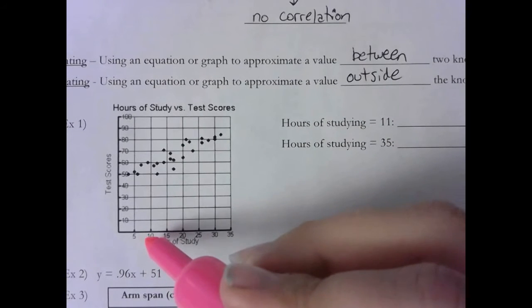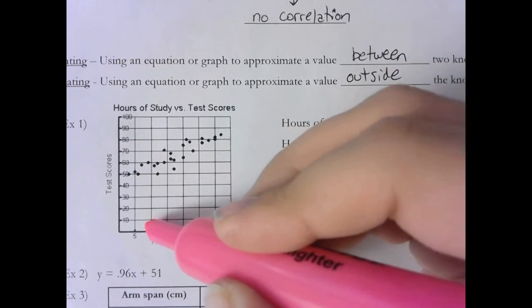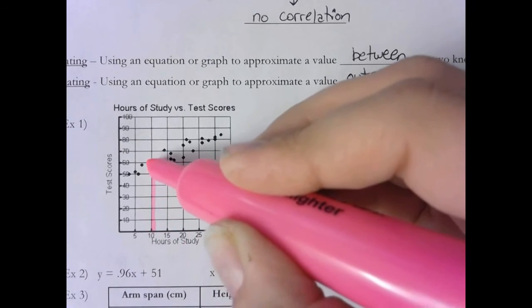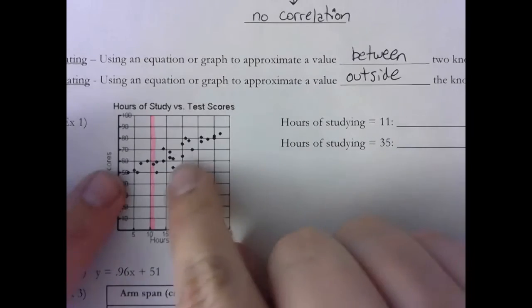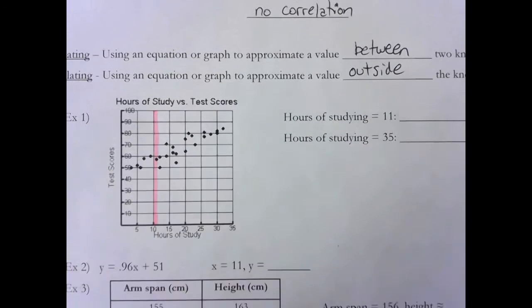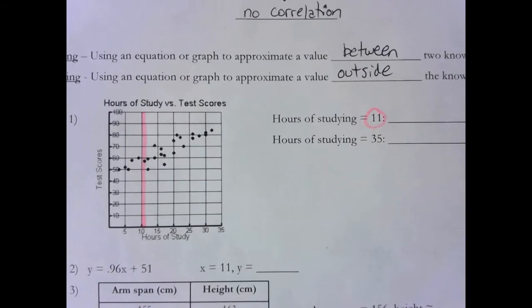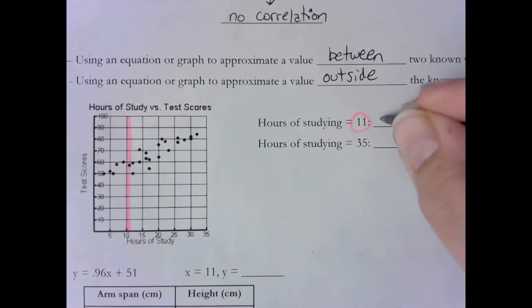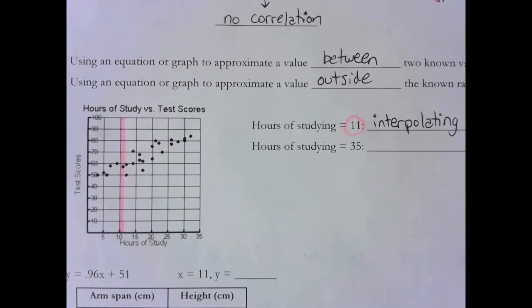So here's 10, here's 15, so 11 would be right next to 10. Notice that's between our points. So when you're asked to find that 11, that's an example of interpolating. Told you I'd mispronounce it. So that's interpolation. Weird word.